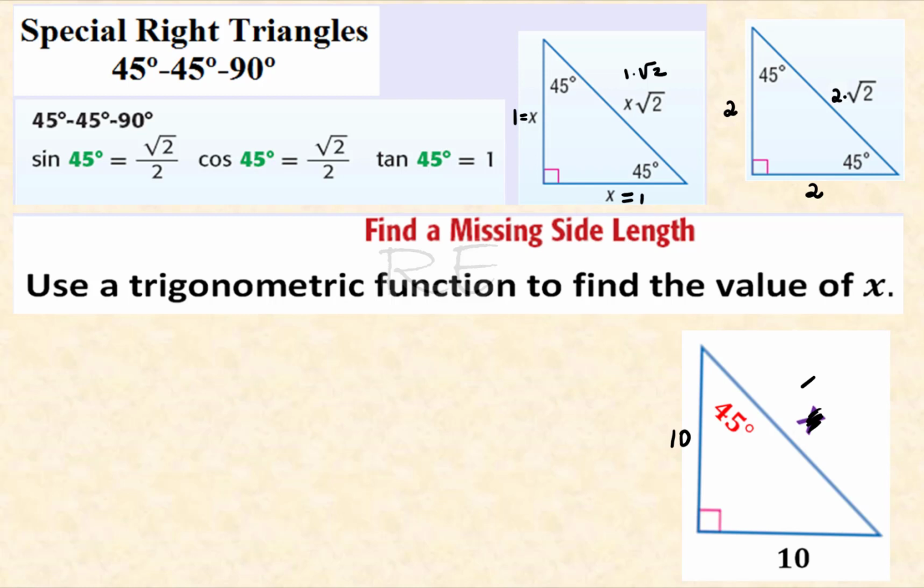We need to find the value of the hypotenuse, with legs 10 and 10. So the hypotenuse will be 10 square root of 2. If we want to do it the long way, we're going to say that sine 45 is equal to 10 over x.